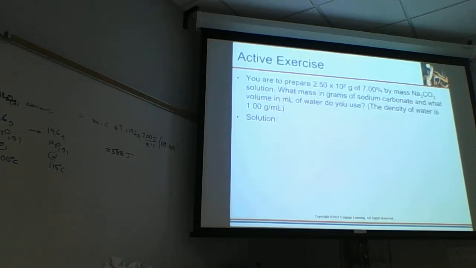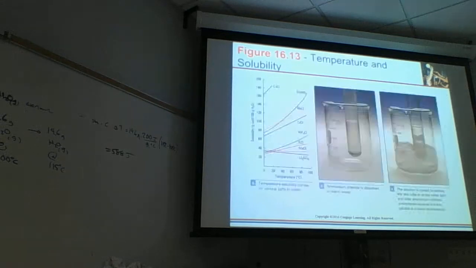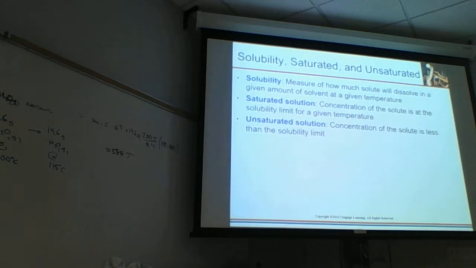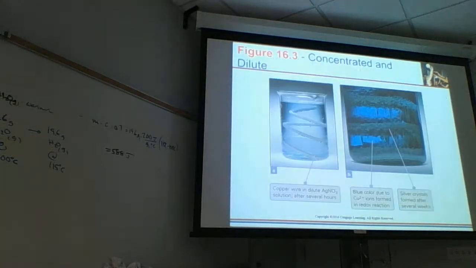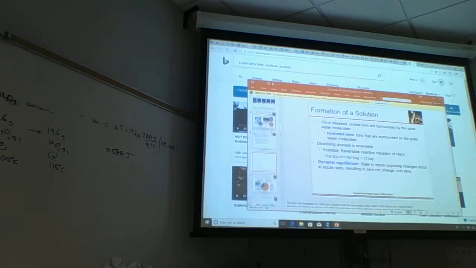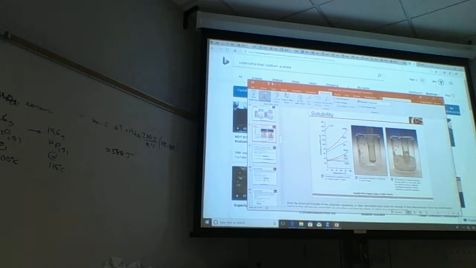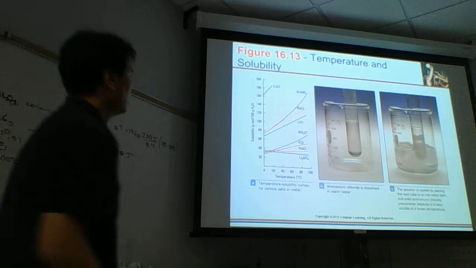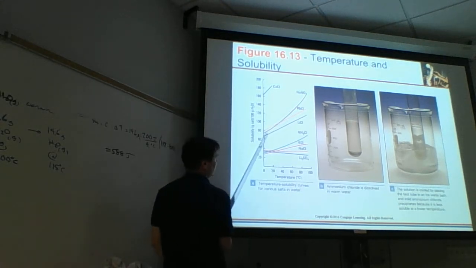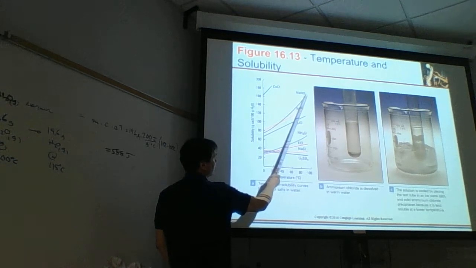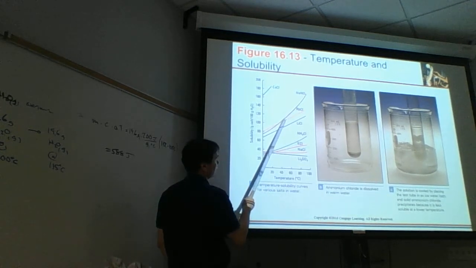What you do is you can heat them up and get them to dissolve more. So as you heat it up, the solubility increases. As you cool it down, the solubility decreases and we should see precipitation.